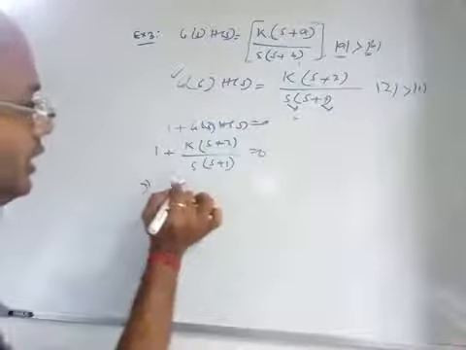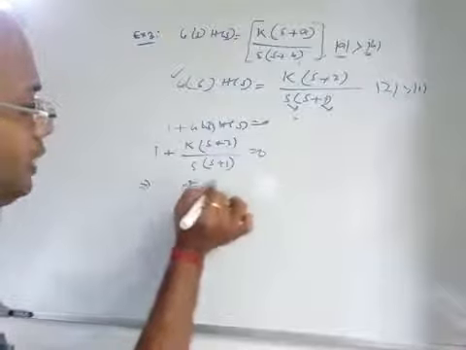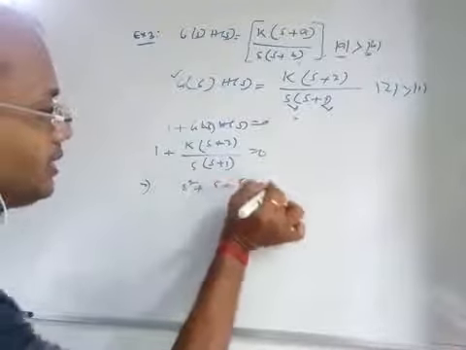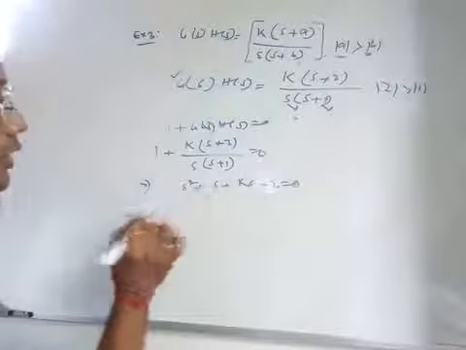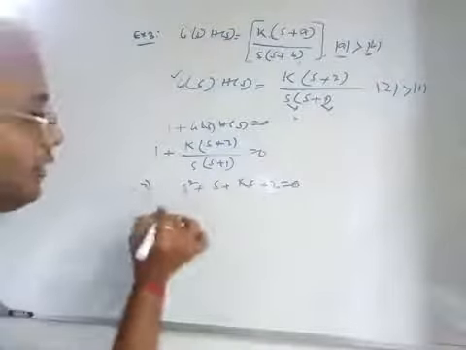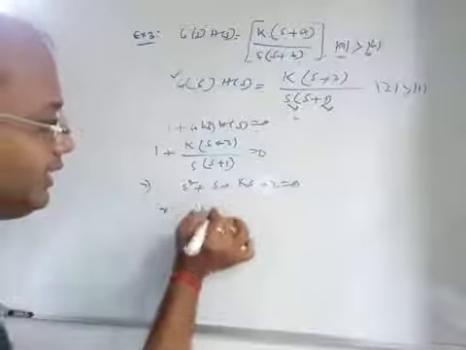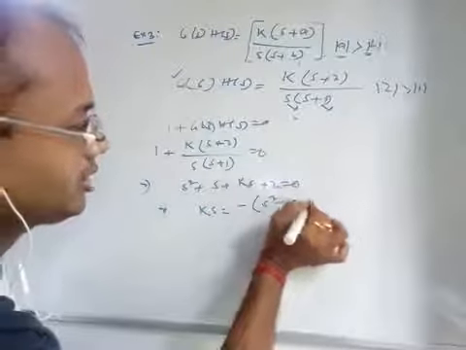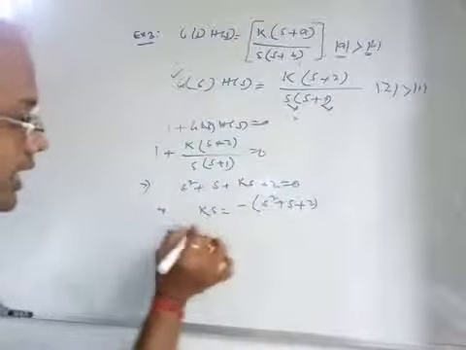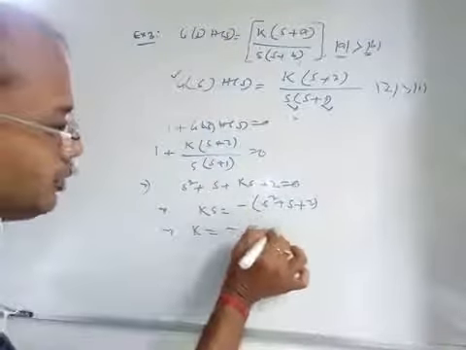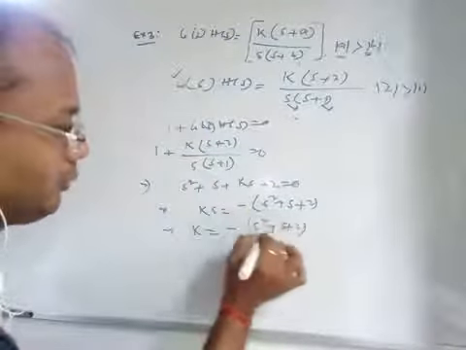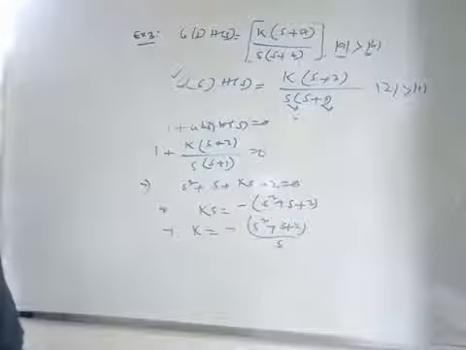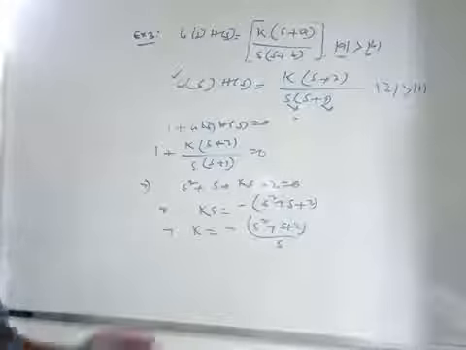That means s square plus s plus ks plus 2k equal to 0. And from here you get k.